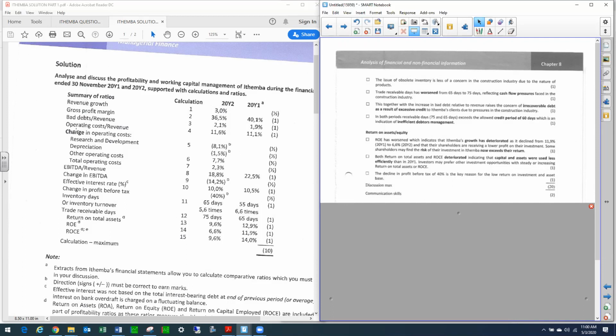Okay. So what I just want you guys to get out of this question is the following. When you get into a question, first and foremost, when you're reading through the question and the required, pull out the stuff from the question that you're going to need to put into the discussion later on.